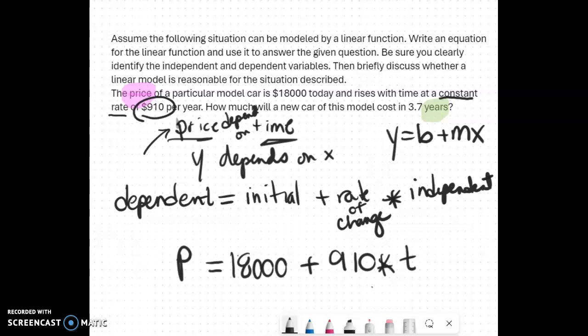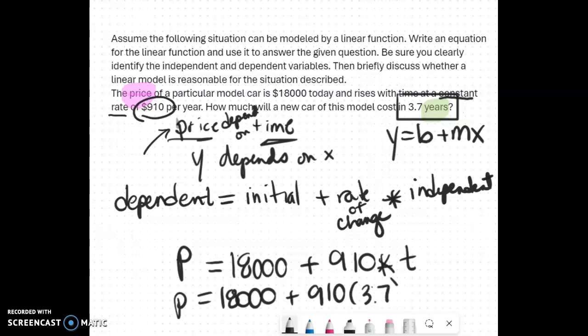Next, it says find the price of the car after 3.7 years. That means I'm going to take my linear model and plug in the number of years. Remember, the units are years. It goes in place of t.